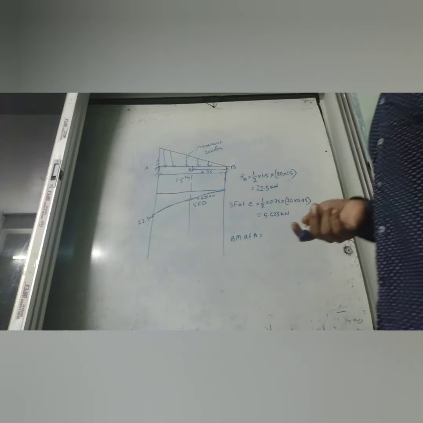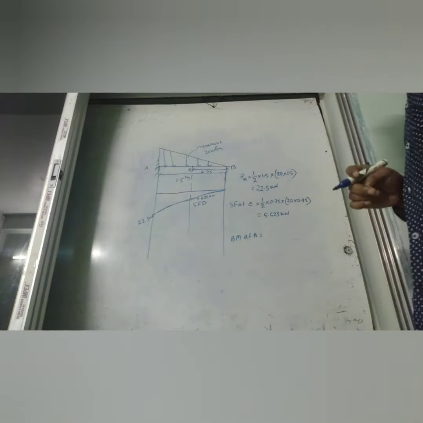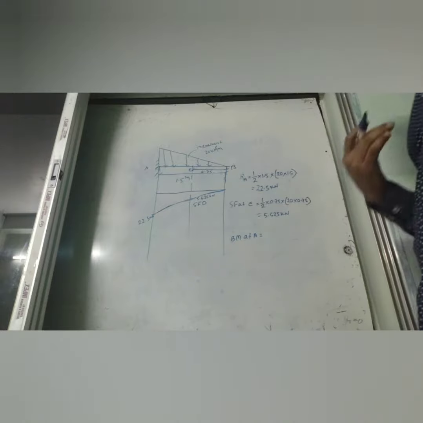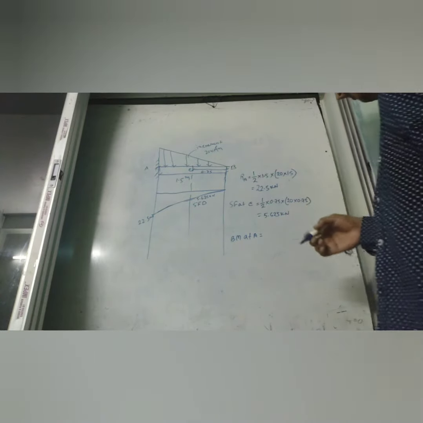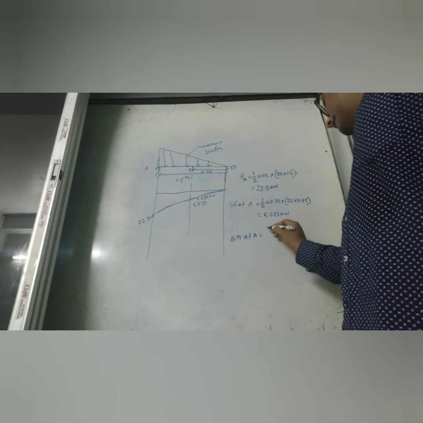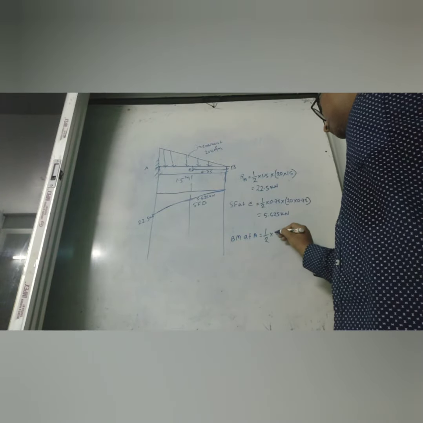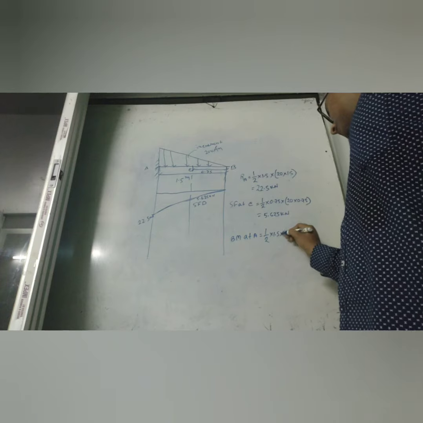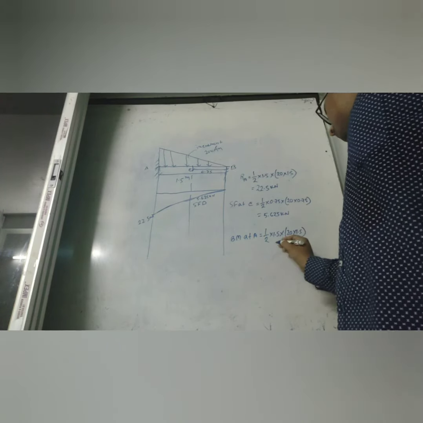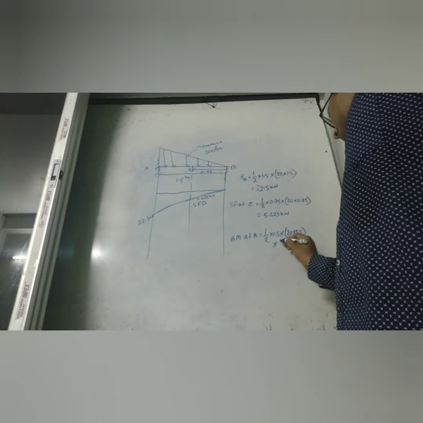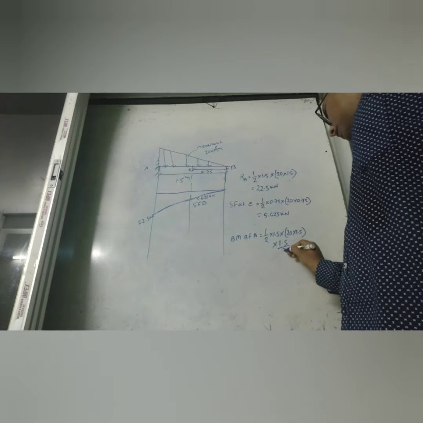BM at A, if we go for the formula, I told you that it is WL cube by 6, we can go directly according to that. And if we go for the detailed solution, then I will go for that: half into base into height into, I told you, the portion will be 1/3.